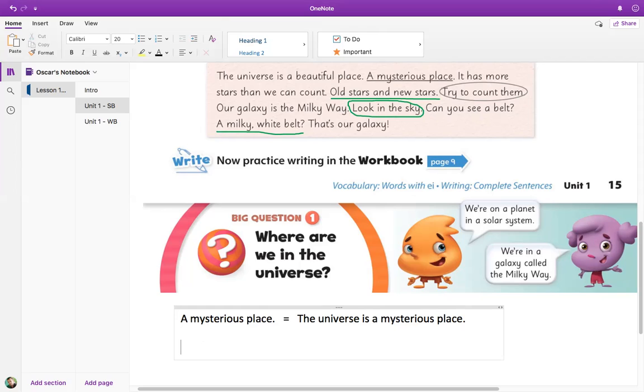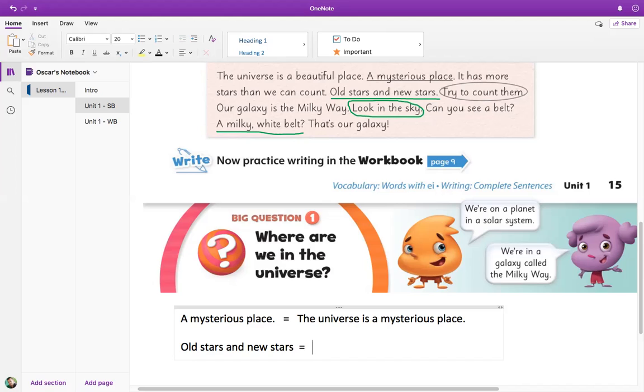Let's continue with the second incomplete sentence. "Old stars and new stars." So this is incomplete. Let's read the sentence before it: "It has more stars than we can count." Old stars and new stars. We're still talking about the universe, but in this case we have used a pronoun in order to avoid repetition.